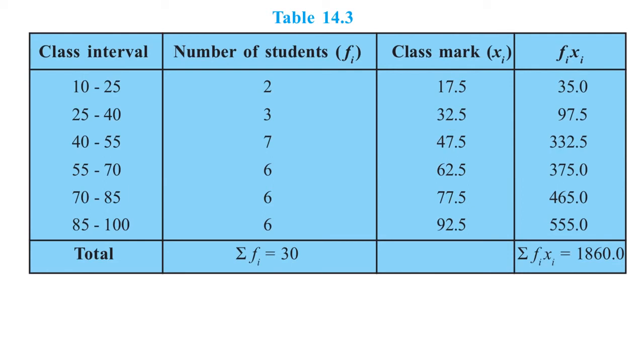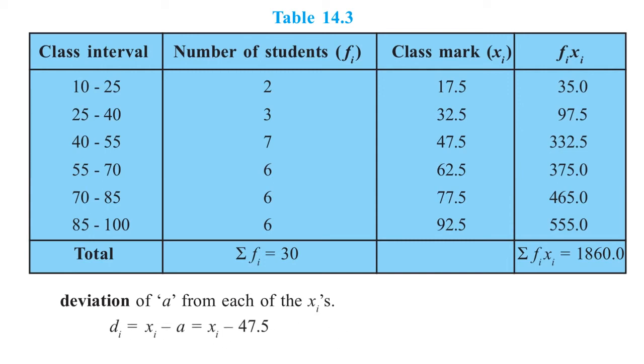The next step is to find the difference d between A and each of the xi, that is, the deviation of A from each of the xi. So we will now find the difference of each xi with A, and that is going to be xi minus A, and A we have chosen to be 47.5.